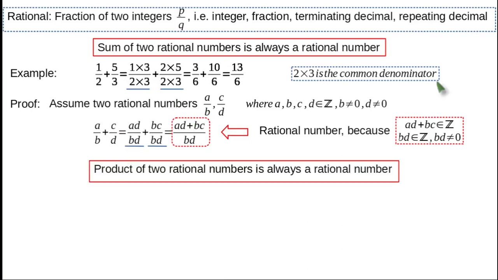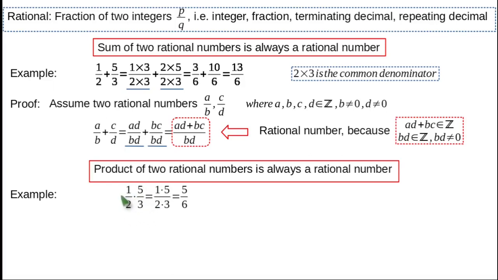Now we want to answer our second question. Is the product of two rational numbers always a rational number? Let's see example 2. I have two rational numbers here, 1/2 times 5/3. I can multiply their numerators together, 1 times 5.